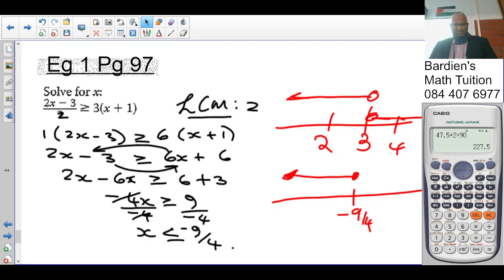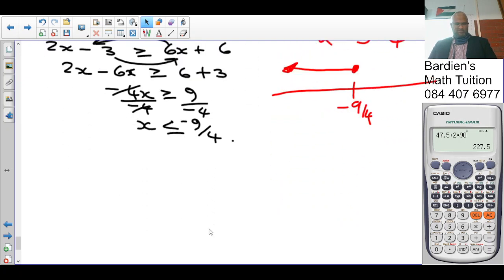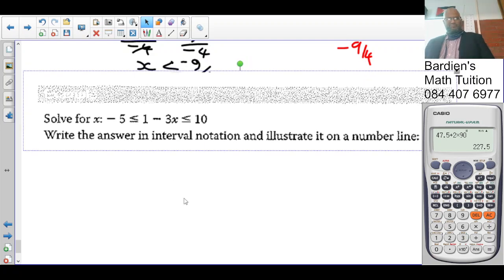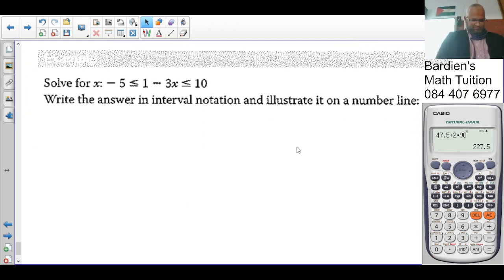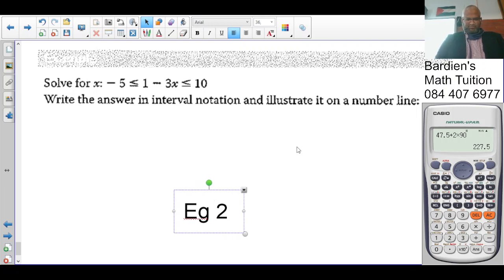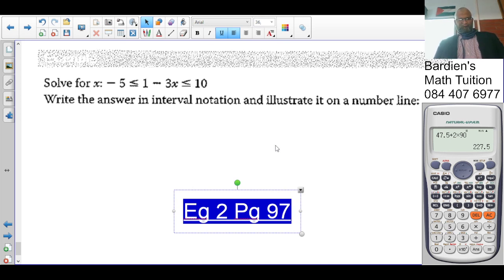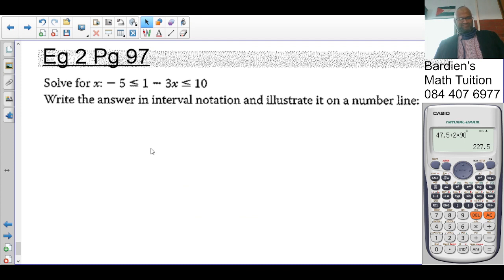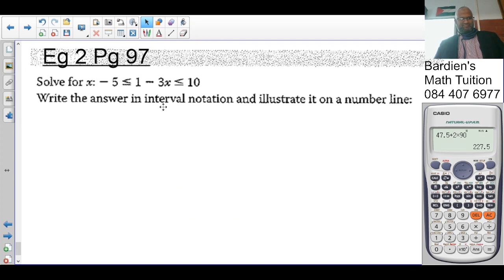I like this one. Page 97. Two in 1 here.